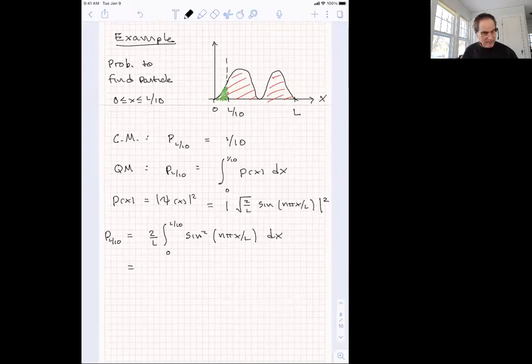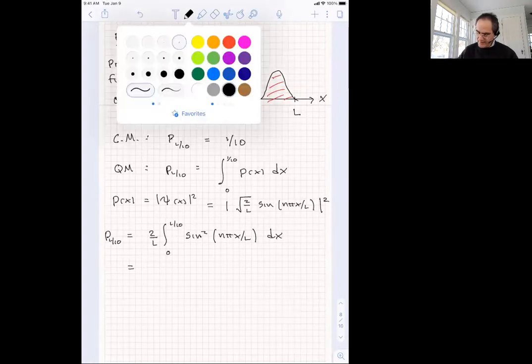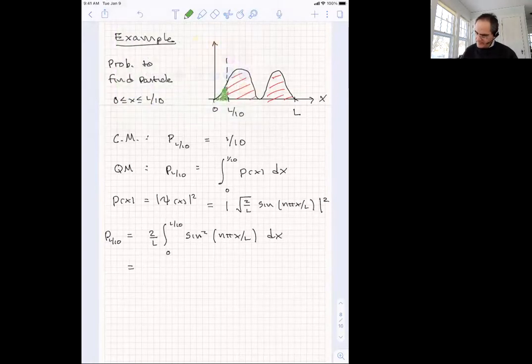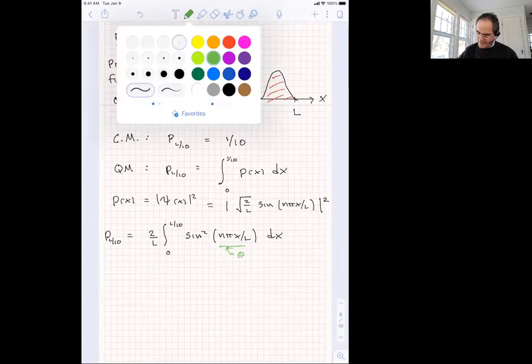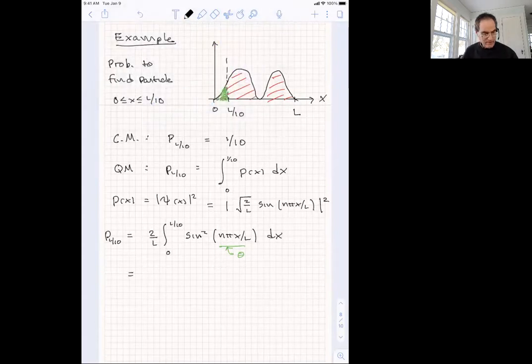it's just like the problem we just did when we normalized the wave function. So we can solve this again by doing a substitution, calling the argument of the sine function theta, and then going forward.